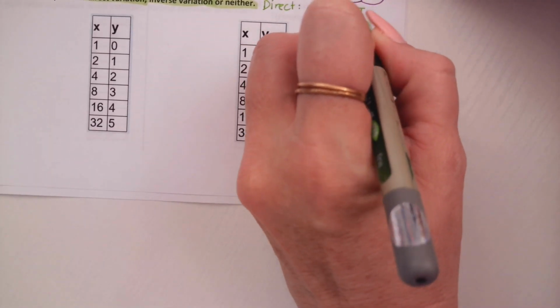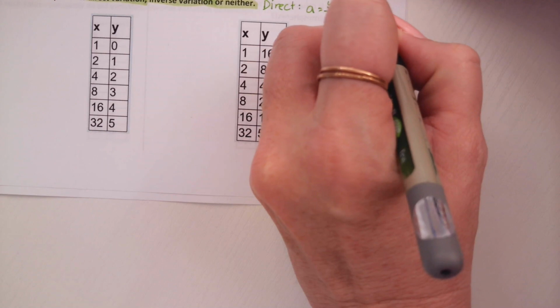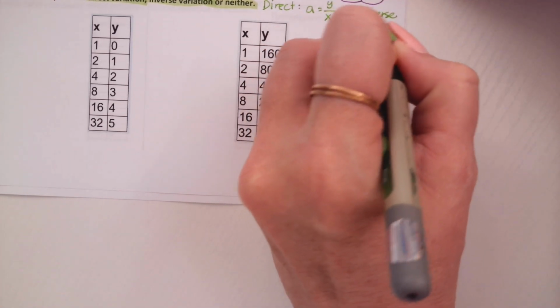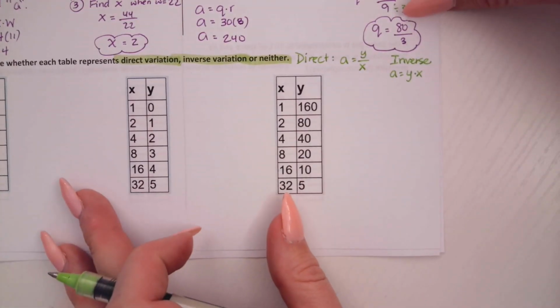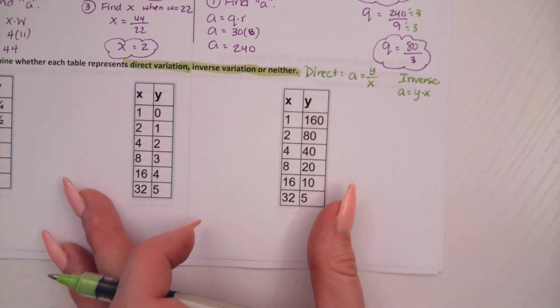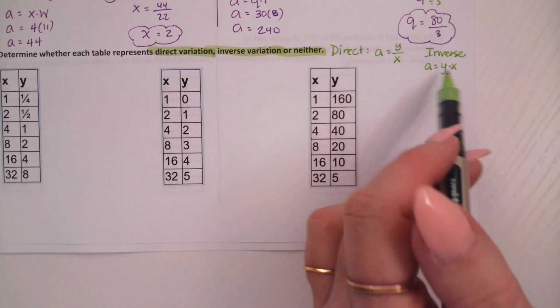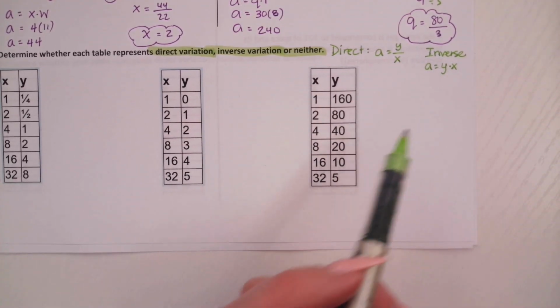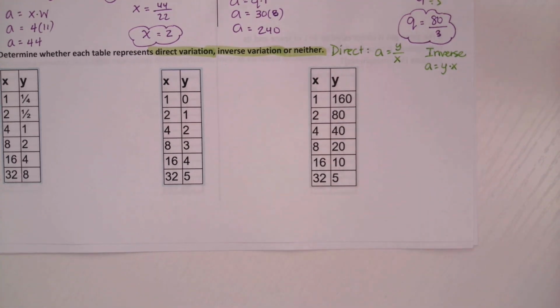Opposite of that, inverse variation. If we check our A equals y times x or x times y all the way down your table, then that's how you know it would be inverse variation. And then if none of those are true, if you try to divide your x's and y's, you try to multiply them and none of them work, then it's some other type of function, and you would just say neither.